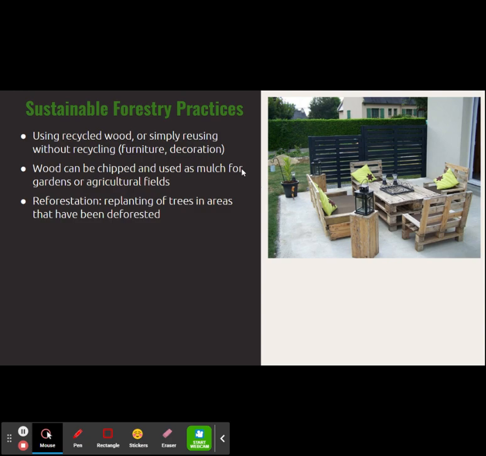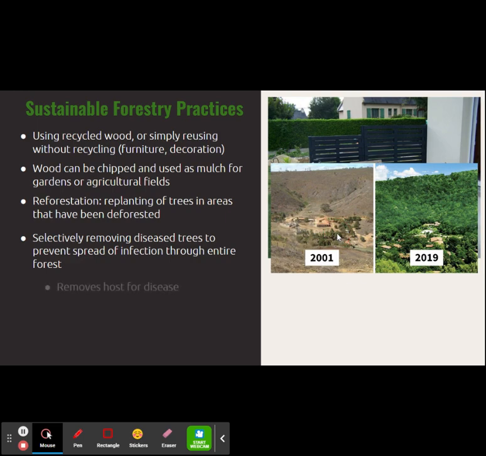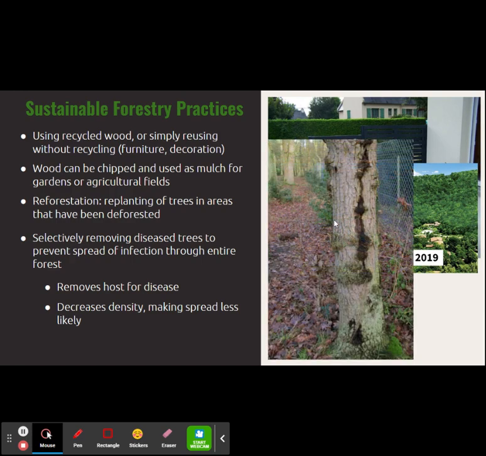Reforestation is the replanting of trees in areas that have been deforested, and we can see that here in this image. Selectively removing diseased trees prevents spread and infection through the entire forest. Removal of hosts for disease means decreased density. If an area is more dense, you're going to have a higher chance of disease spreading.